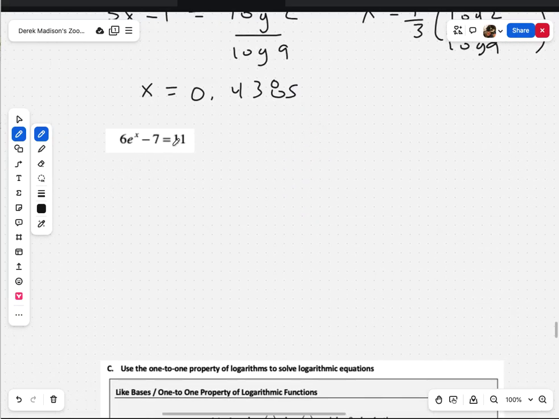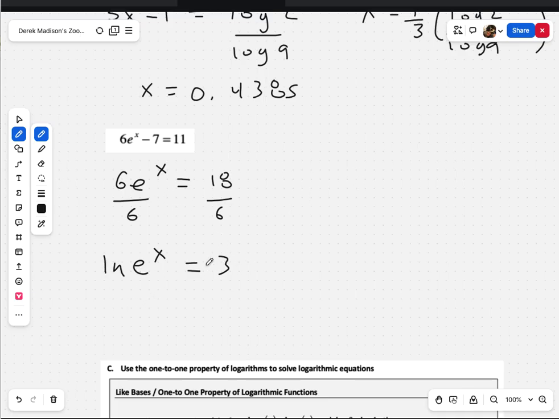And this next one, so just a little bit of simplifying to do before we get at that e to the x. So we have 6e to the x, it's minus 7, so I would want to add 7 to both sides. So plus 7, and we get 18. Divide out the 6. And we get e to the x equals 3. So now that we have that as simplified as possible, now I'll log both sides.